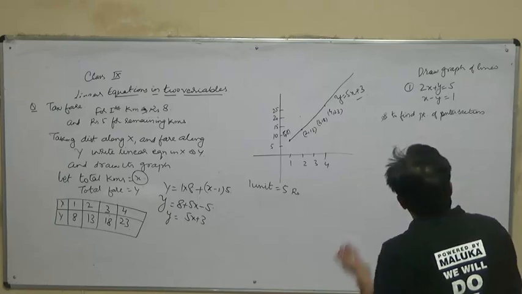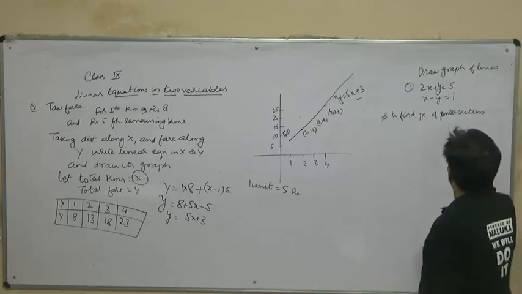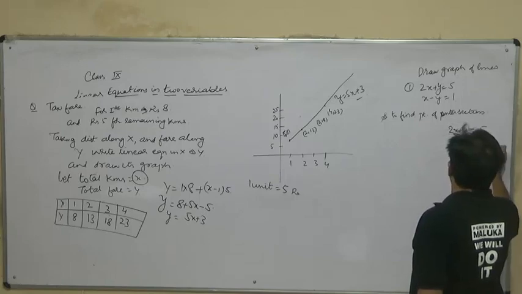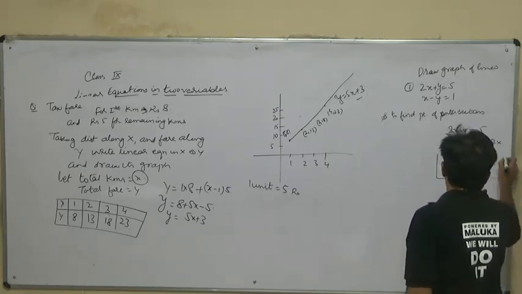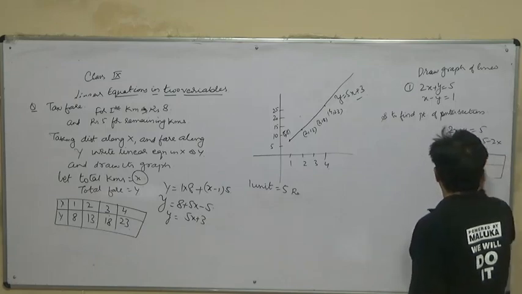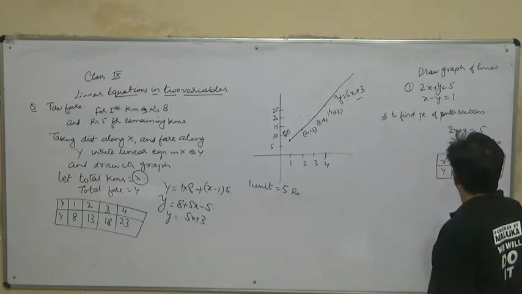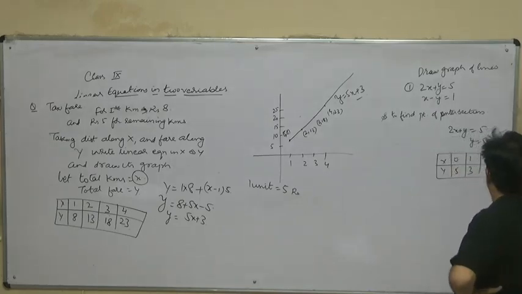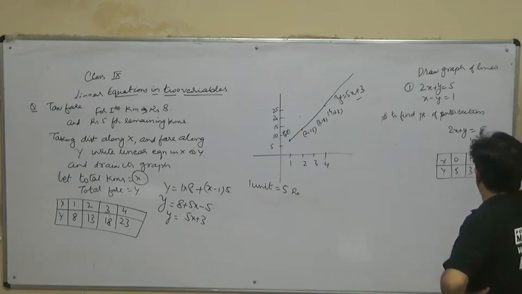So where these two lines cut, which we have to draw here. So first of all, we have got 2x plus y is equal to 5, y is equal to 5 minus 2x. So we write 2, 3 values for this. x, y. When x is 0, y is 5. x is 1, y is 3. x is 2, y is 1.